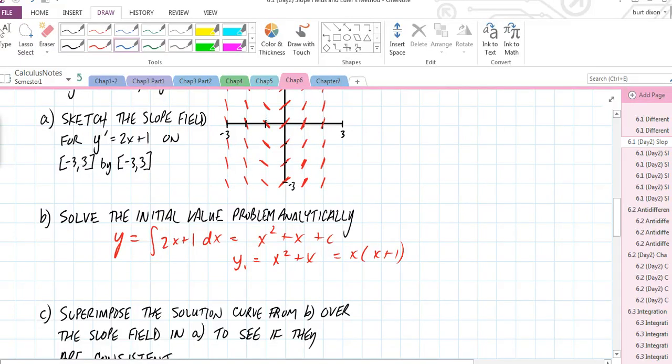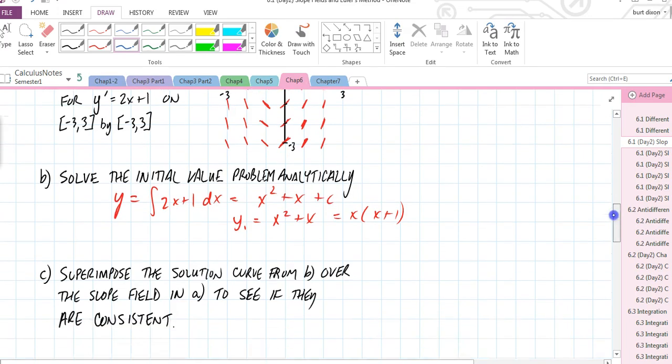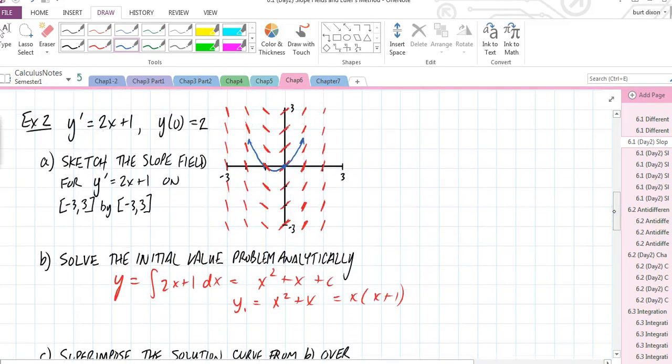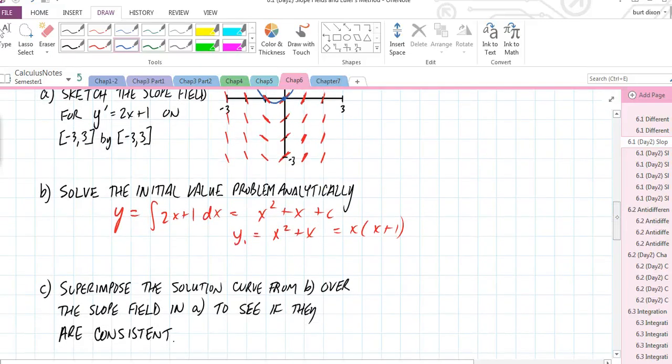And so if I sketch a parabola that crosses the x-axis at 0 and negative 1, that would look like that, and that looks consistent with our slope field. It's following the curvature that the slope field suggests it should follow. I'm not crossing any slope indicators. If I touch a slope indicator, my curve has the same slope as the slope indicator.